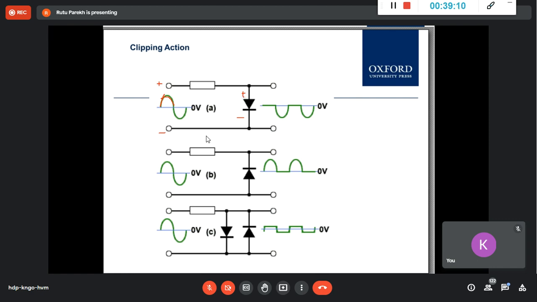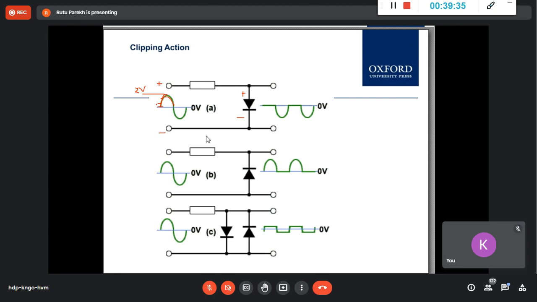But it is not reverse biased, yet it is not conducting for 0 to 0.7 volt. Let's say this is 2 volt. Let us give some voltage if it is not given to you. Up to 0.7 volt, it is not conducting.